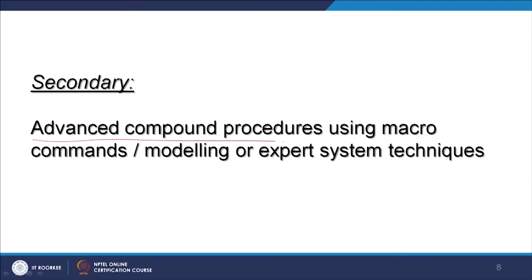Once the database is ready, we may perform some secondary operations, and what are those? Those are the advanced compound procedures. Sometimes we may use macro commands or modeling or expert system techniques. It depends on our requirements, because after installation of GIS on hardware, what we have is a system without any data.